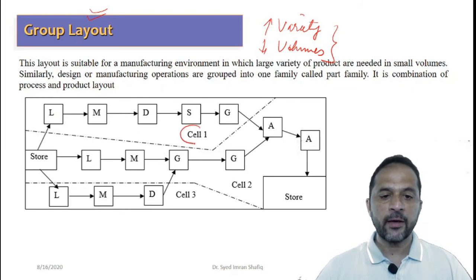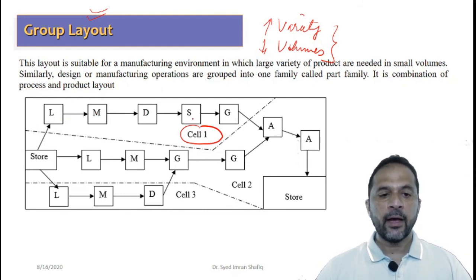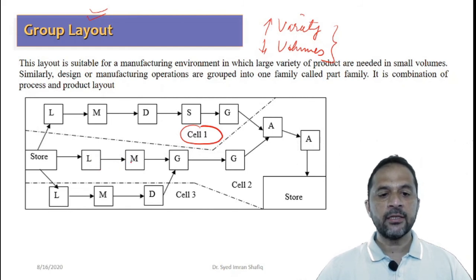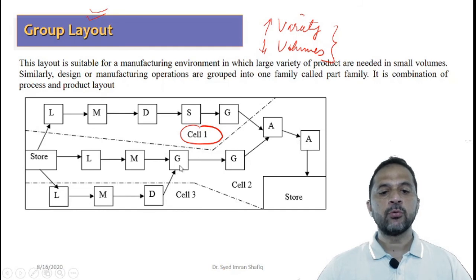We have cell 1 here, and cell 1 has a lathe machine. It is for a certain product: lathe machine, milling machine, drilling machine, and maybe shaper and grinder, and this is one cell. So any product which has this sequence of operations will be produced here. And for another product, there is another line which is lathe, milling, grinding, and another grinding. And the third one is lathe, milling, and drilling, and after that it goes to grinding.